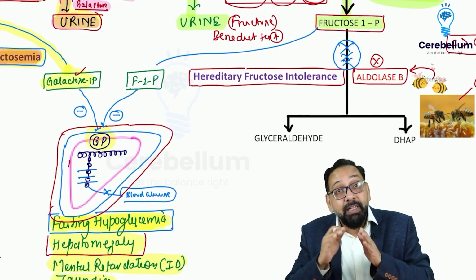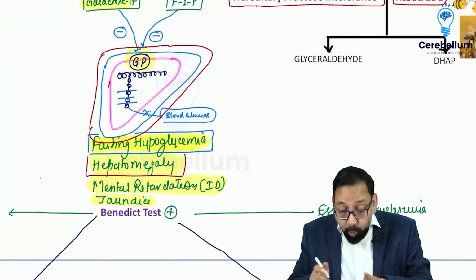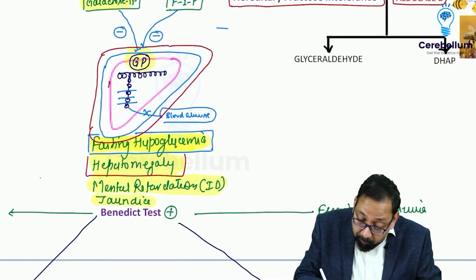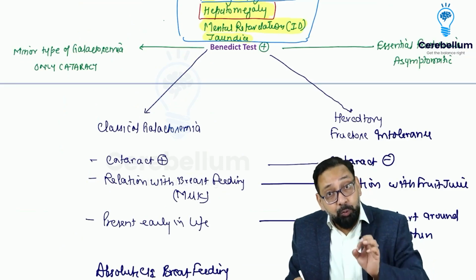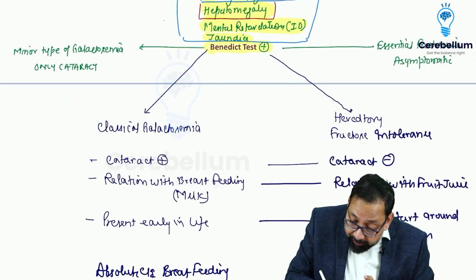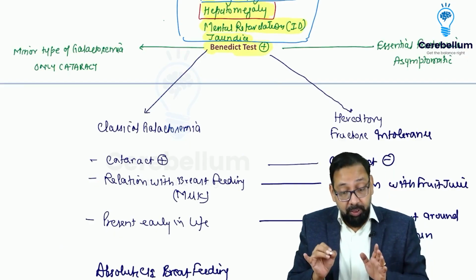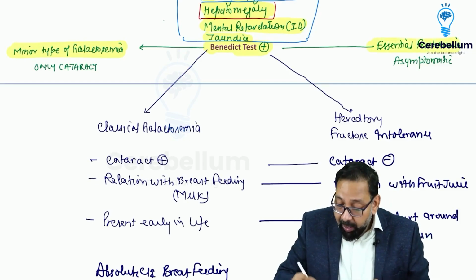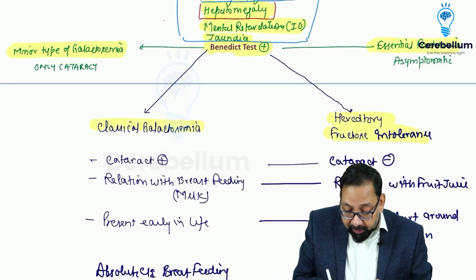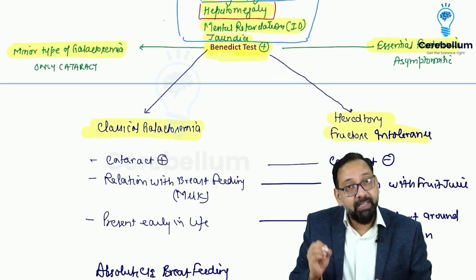When it inhibits glycogen phosphorylase, all symptoms would be just like classical galactosemia. So now I can conclude that the Benedict test is positive in all these 4 disorders: minor type of galactosemia, essential fructosuria, hereditary fructose intolerance, and classical galactosemia.